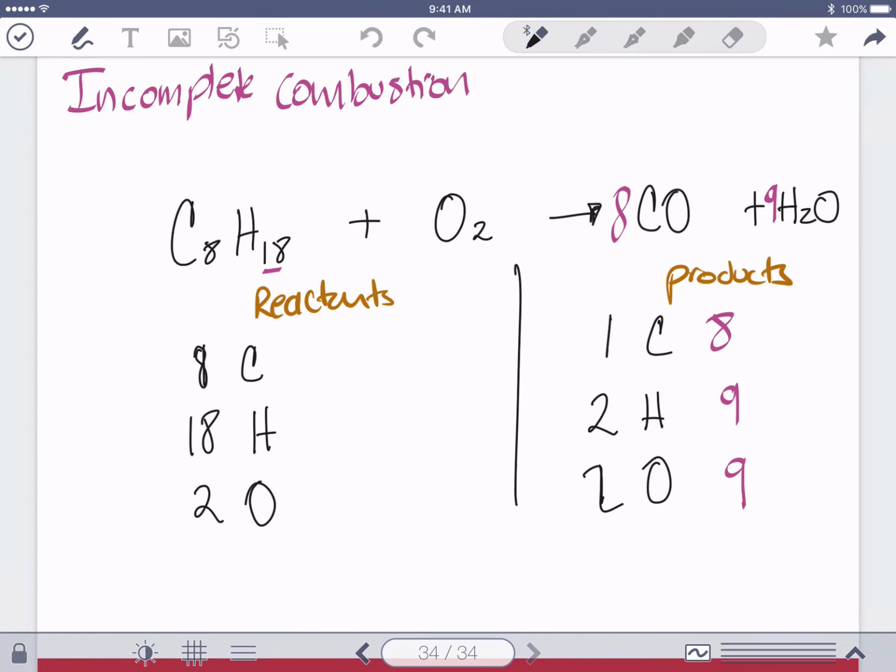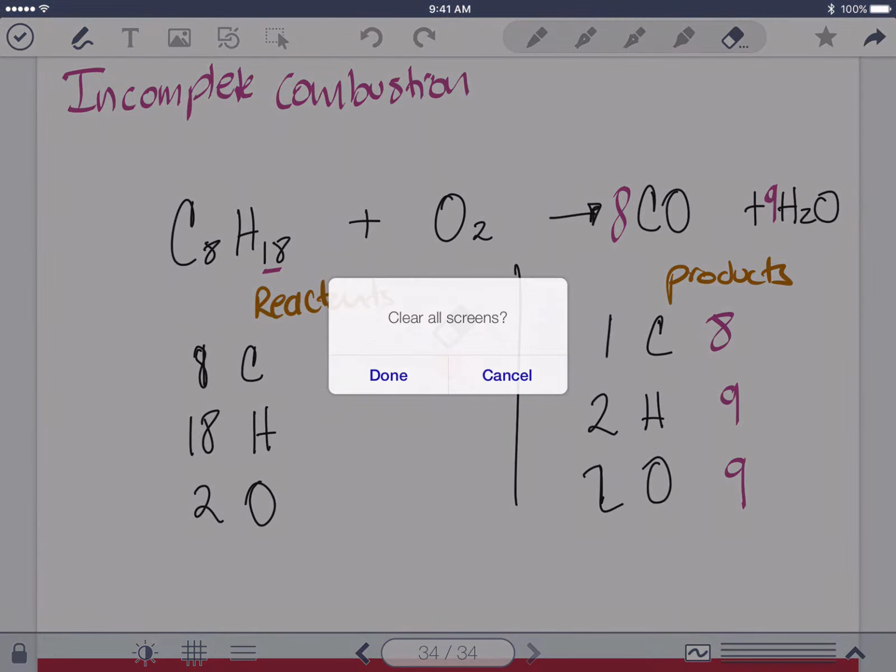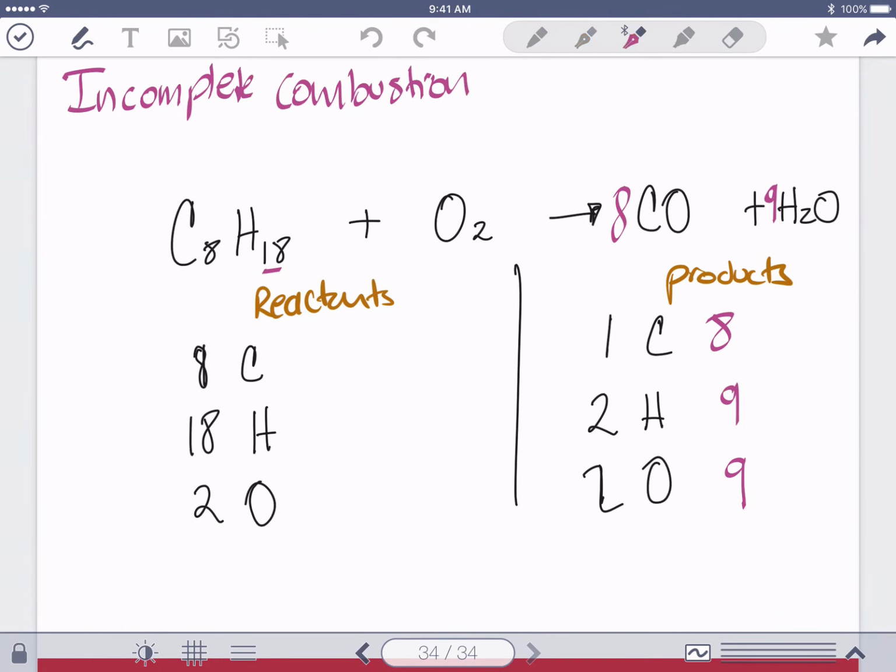It gets a little complicated the more we look into this. So doing this will give me, let's just pick a different color so we can visualize it, I still have the 8 atoms of carbon, but now I have 9 times 2 is 18 atoms of hydrogen and 9 plus 8 atoms of oxygen, which will give me a total of 17 atoms of oxygen.